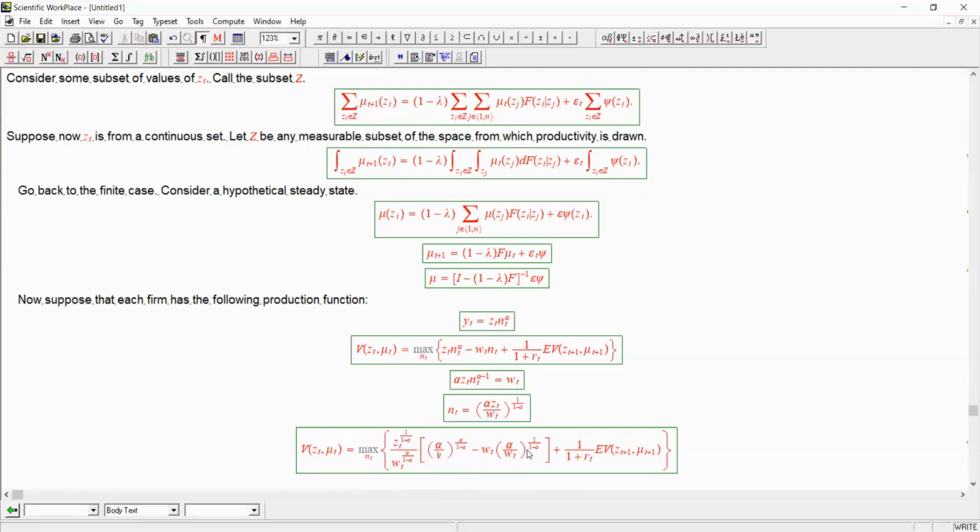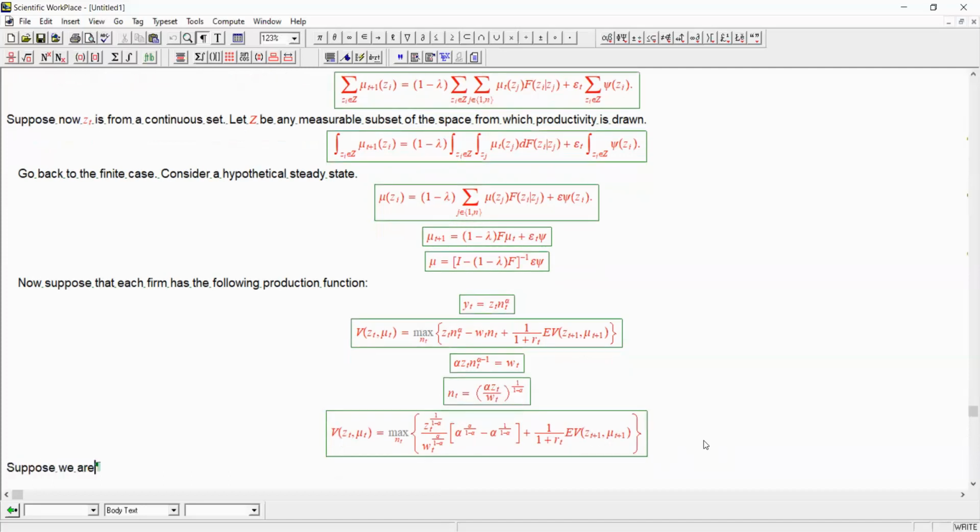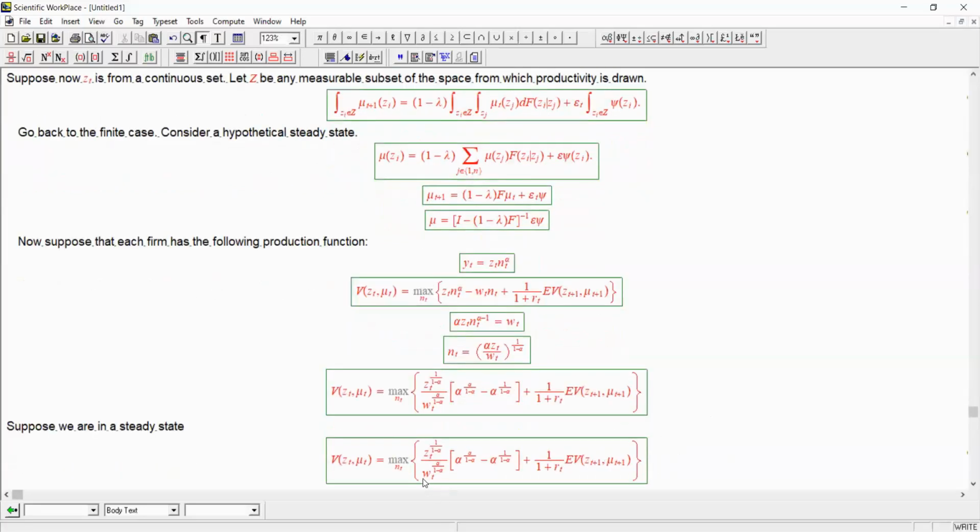So the wage goes out, and we're left with this very simple expression. Now, if you suppose that we're actually in a steady state, then all of this is going to look much simpler, because W is going to be a constant.